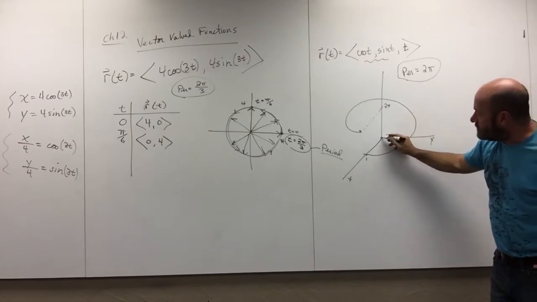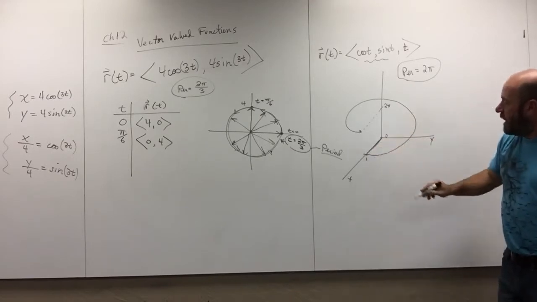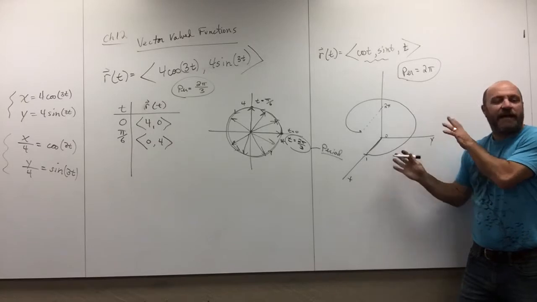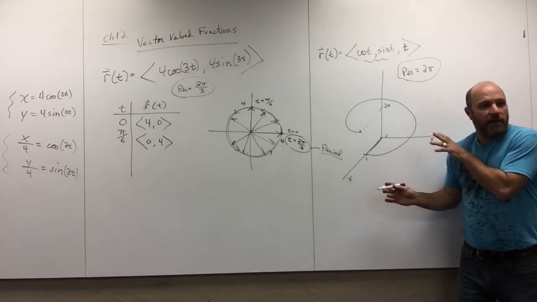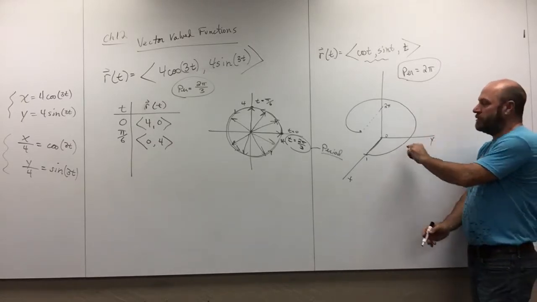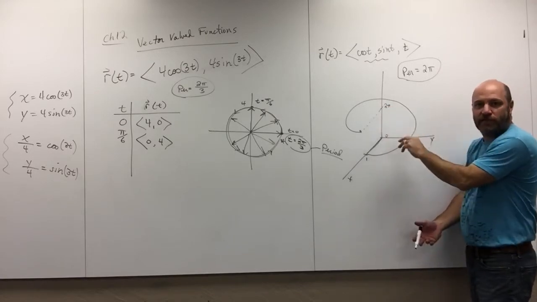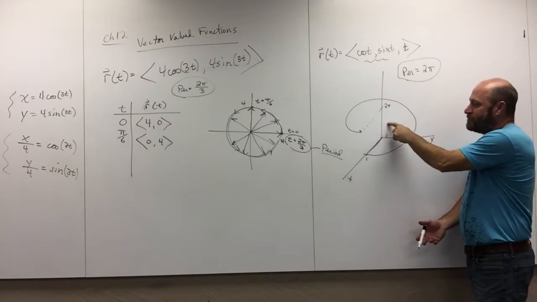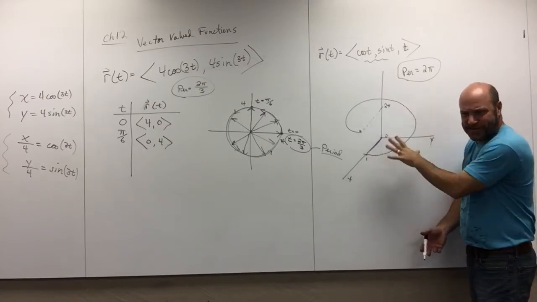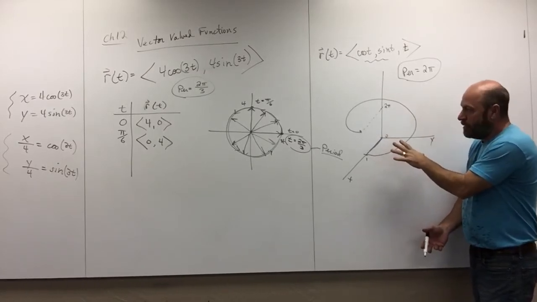That's a 0. This is a radius of 1. Something's wrong with that picture. It's not to scale, because what is 2 pi? Roughly 6. 6.28. So that's supposed to be 6. That's a 1. I'm not to scale here.